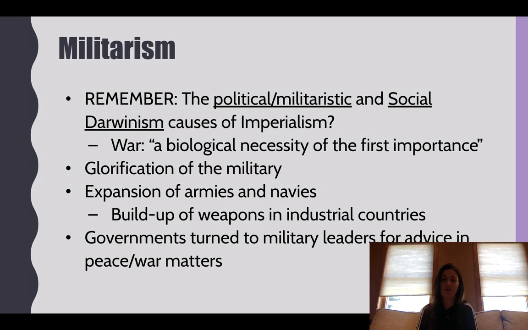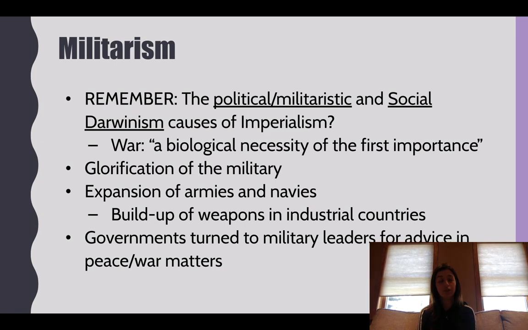Why do they need such a large army? Why do they need such a large navy? And so then another country will want to start building up their military too, because they're like, well, if they have it, they're probably preparing for something. We need to prepare for something else. And so this is kind of a common theme of the time period prior to World War One.